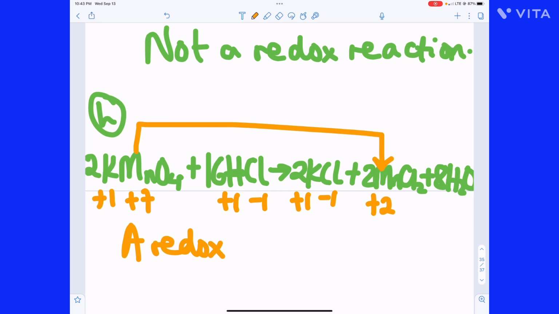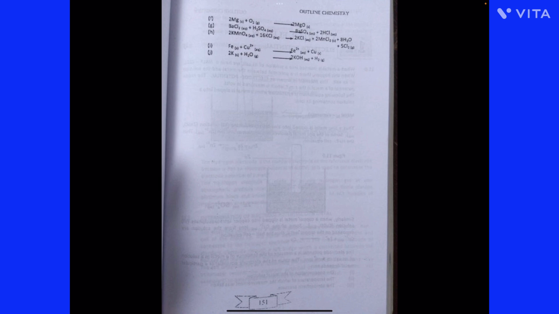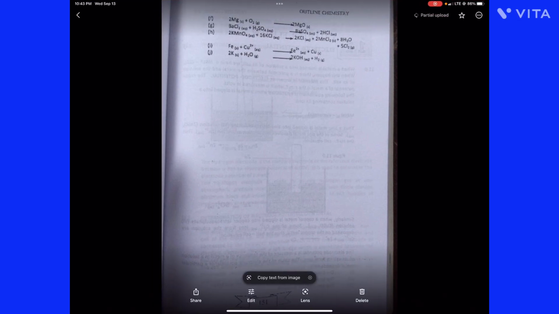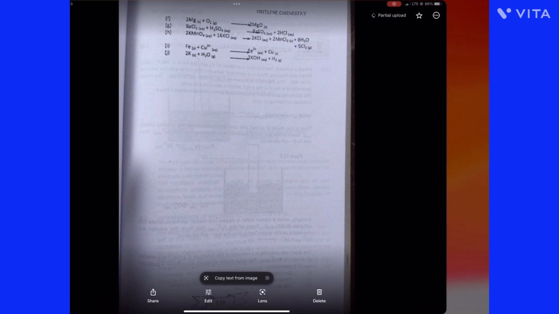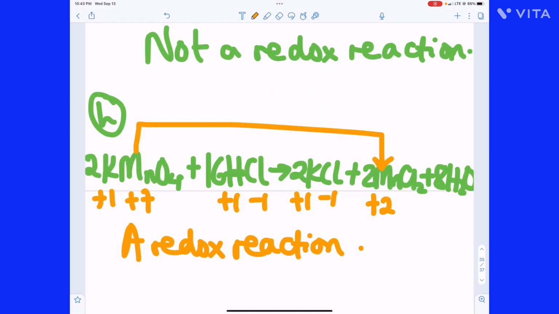I don't want to bother about the increase, although it's there. Okay, there was one other product we didn't write, 5Cl2. Let me try and slot it in now. We did not remember to write plus 5Cl2 as part of the product.